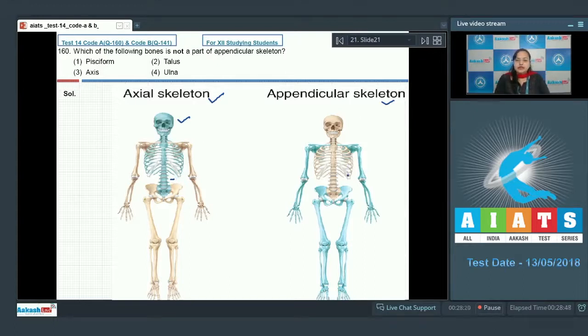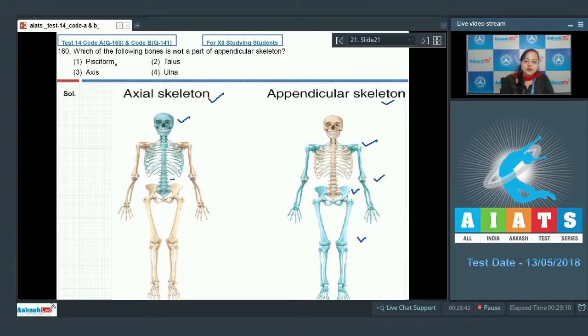While appendicular skeleton is situated at the lateral side and it extends outward from the principal axis of body, and appendicular skeleton includes bones of pectoral girdle, pelvic girdle, bones of limbs like hands and legs. So which of the following bones is not a part of appendicular skeleton?